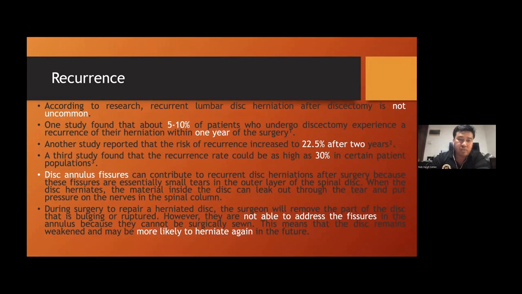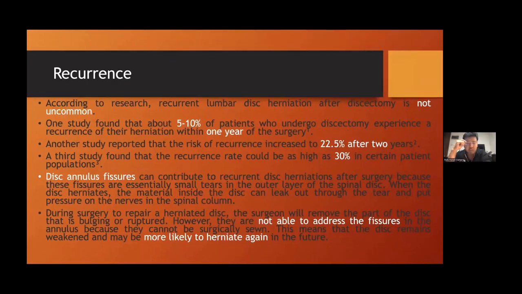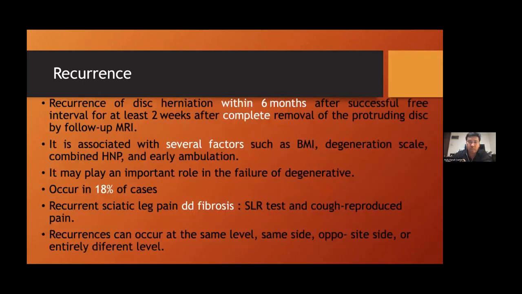Disc annulus fissure contributes to reherniation. When we do surgery for lumbar disc disease, we take out the disc, but we are not suturing all the tears of the disc itself. We cannot find the fissure within the annulus, so because we cannot suture it surgically, it is more likely to herniate again. So that is the concept of recurrence.